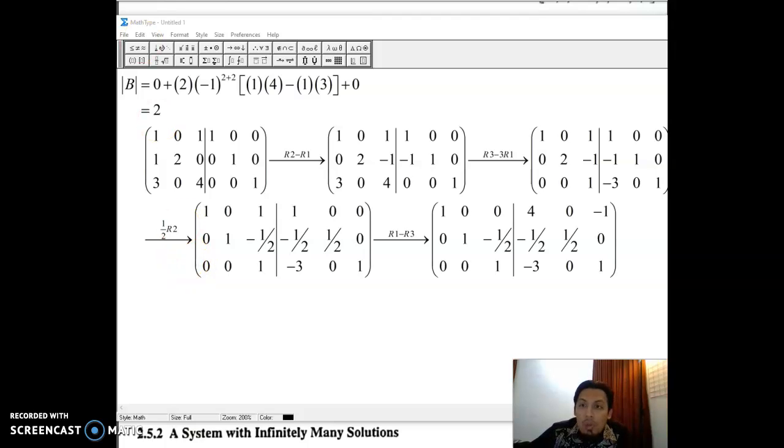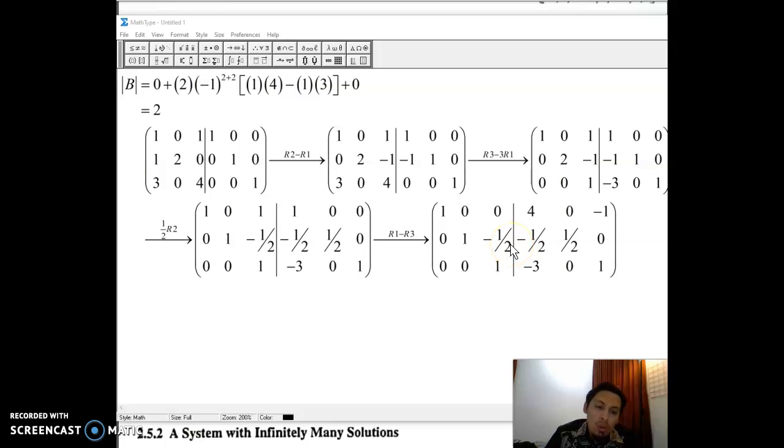Now we have come to our last element that needs to be changed. We already have all this. How to change negative 1 over 2 into 0? This is already negative, so just sum it with the same value. Negative 1 over 2 plus 1 over 2 will give you 0.